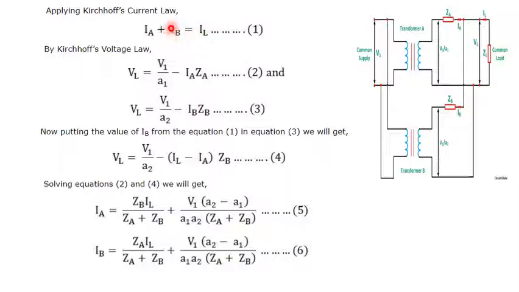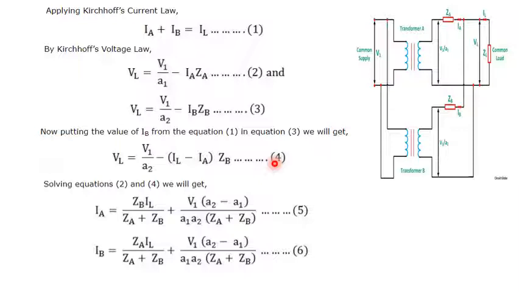Putting the value of IB from equation 1 in equation number 3, we get VL is equal to V1 divided by A2 minus, in place of IB, IL minus IA into ZB. Call this equation number 4.